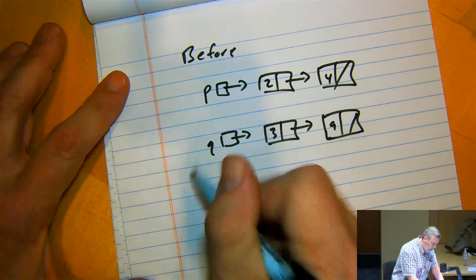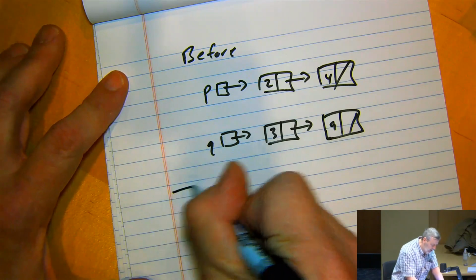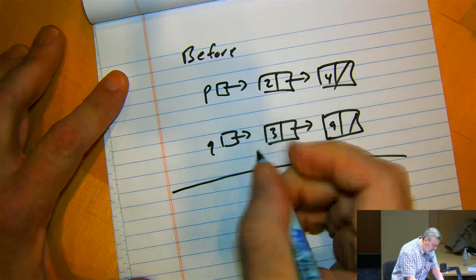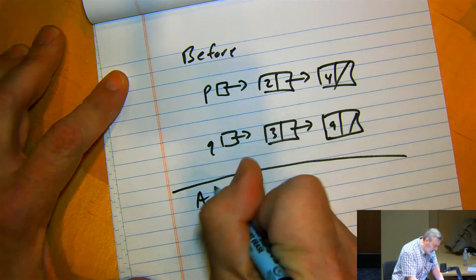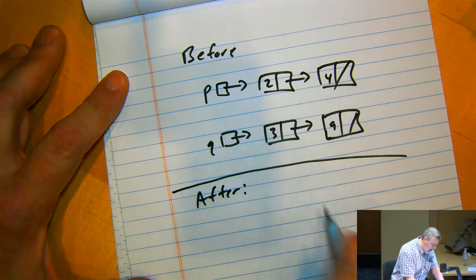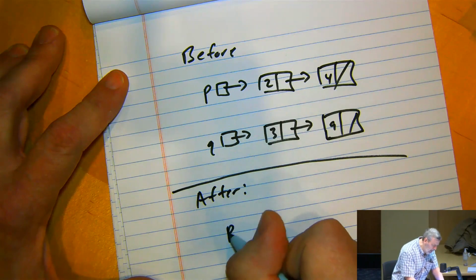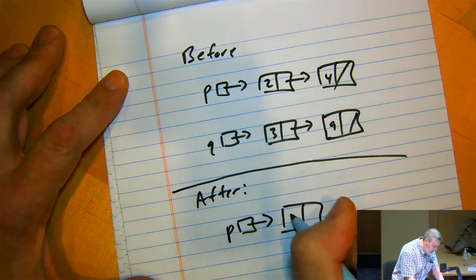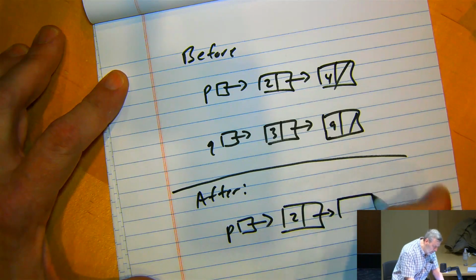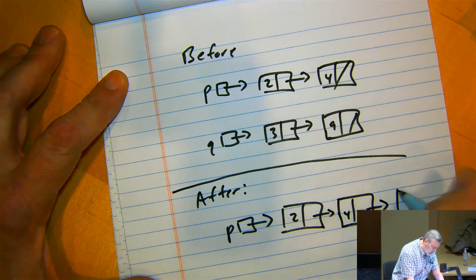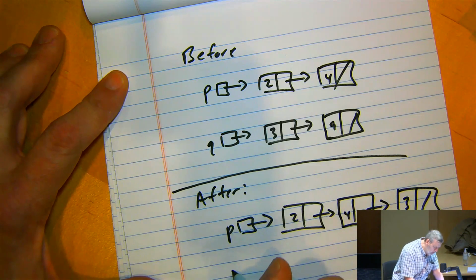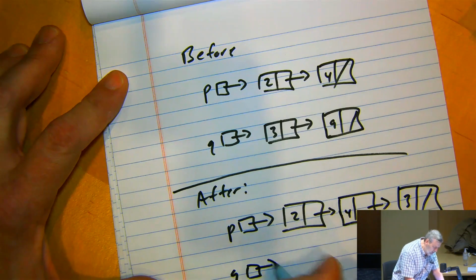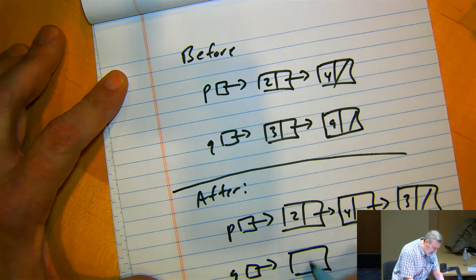So that's the before picture. And then suppose the after picture, the situation that I want you to get to, is that we want to have p referring to the node with the 2 in it, which in turn is referring to the node with the 4 in it, which in turn is referring to the node with the 3 in it. And we want q to be referring to the node that has 9 in it.